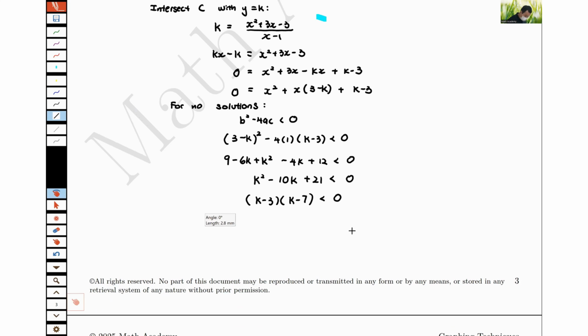So to solve for this, we can draw a number line. You have 3 and 7. Remember your quadratic inequality. If you want this lesser than 0, we are drawing this quadratic graph, and I'm looking for the bottom segment that is negative.